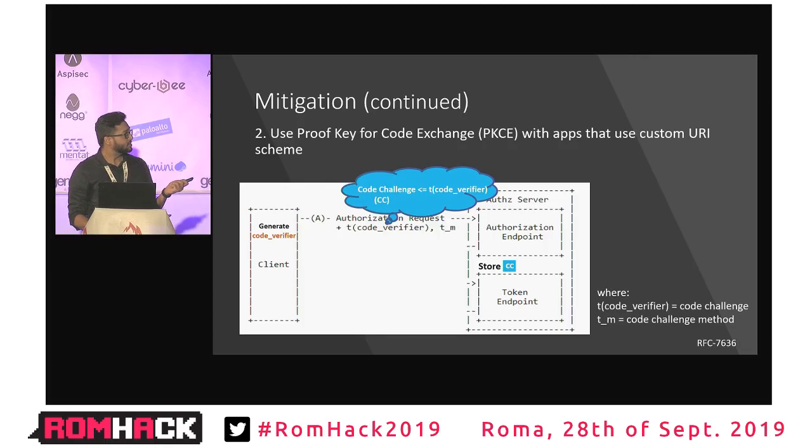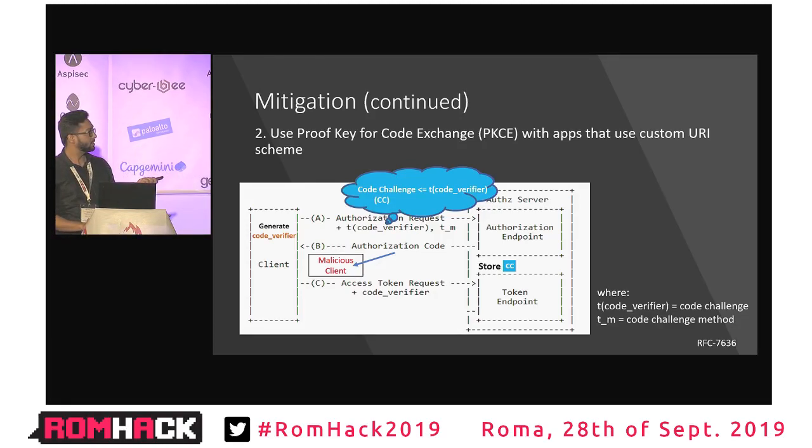So the code challenge will reach the authorization endpoint, and the authorization server will store this code challenge value, which is nothing but the hashed value of code verifier. Once the authorization code is sent back, it can reach the legitimate client as well as the malicious client. But when you're hitting the token endpoint, the auth server expects the code verifier to come in the request. And this code verifier is just known to the legitimate client and not the malicious client.